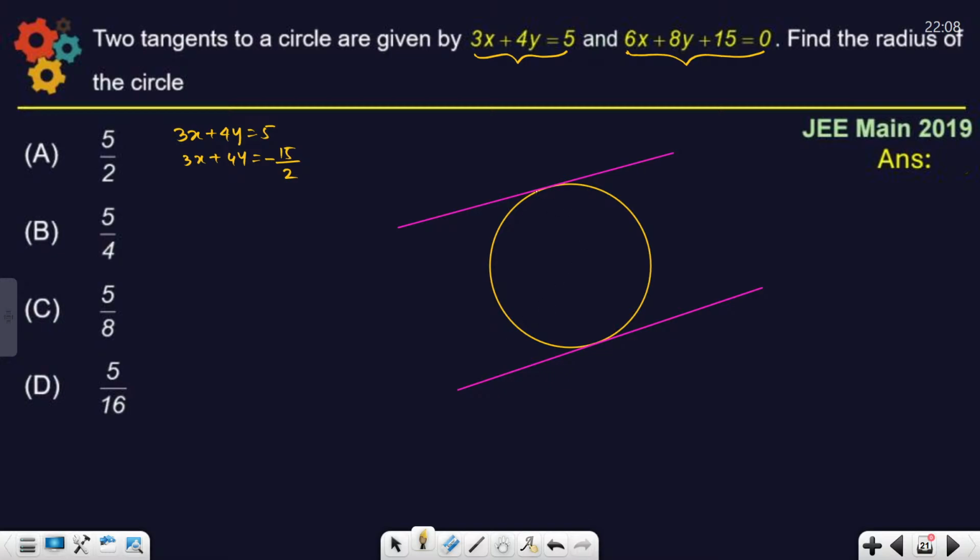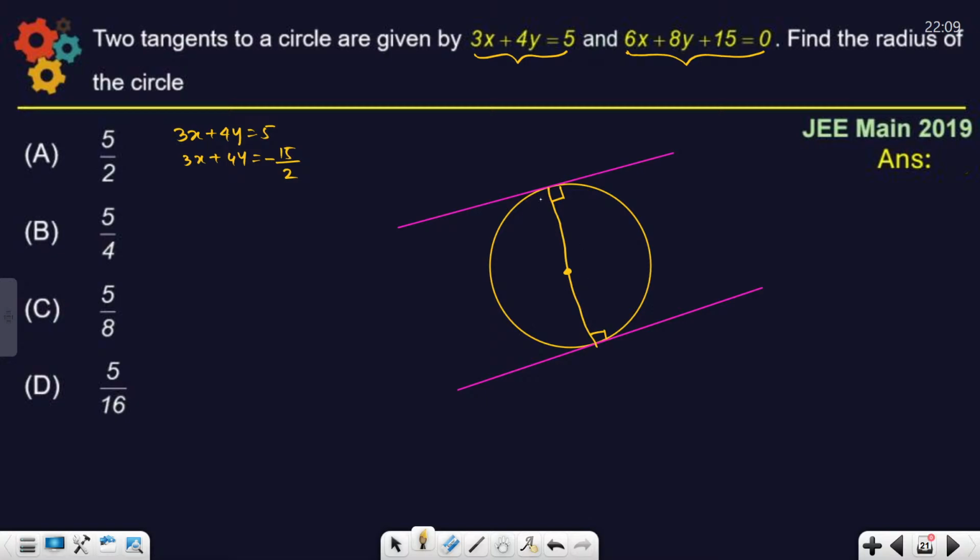Now, as they are parallel, if I join their points of contact, naturally this angle will be 90 degrees and this one will also be 90 degrees. So definitely it is passing through the center, because this is the diameter.